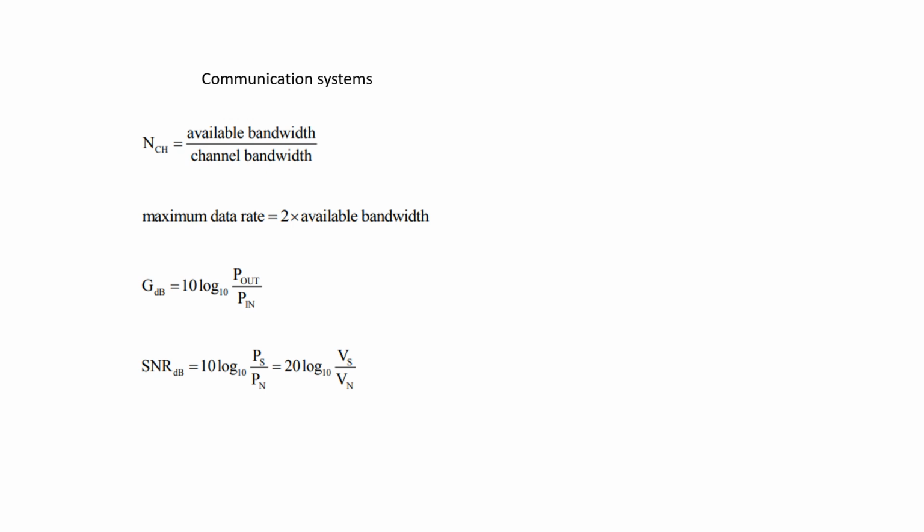So basically, we take 1/10 of the value, so to rearrange this, it's going to be G in decibels over 10. It's going to equal log to base 10 of P out over P in.